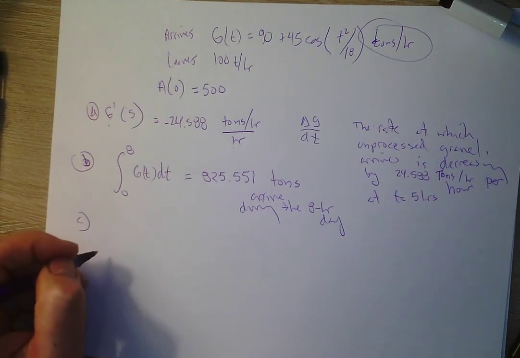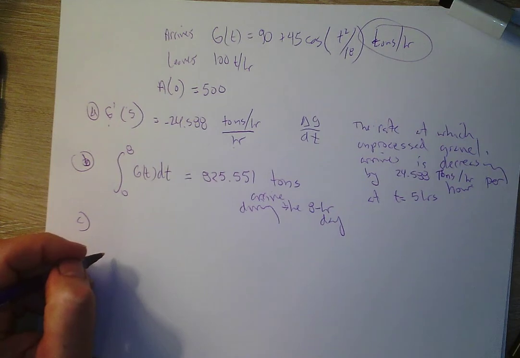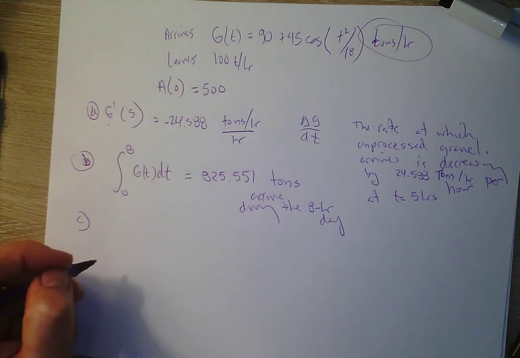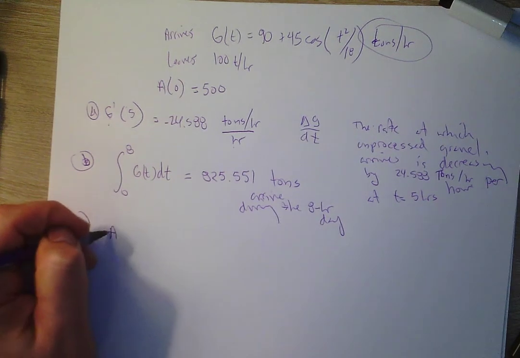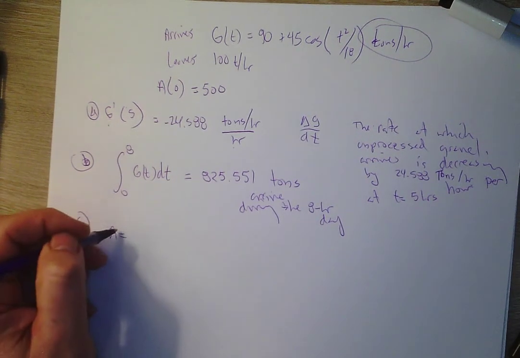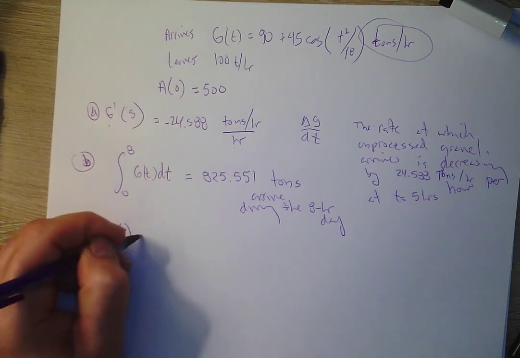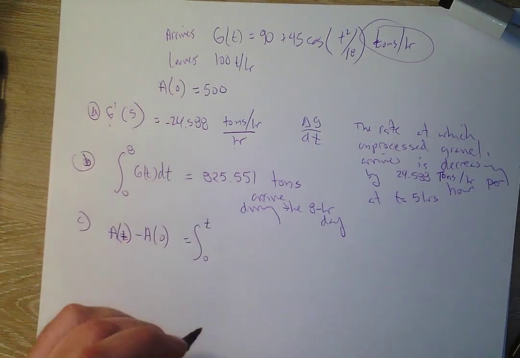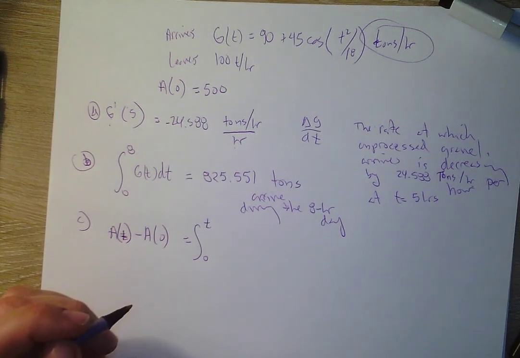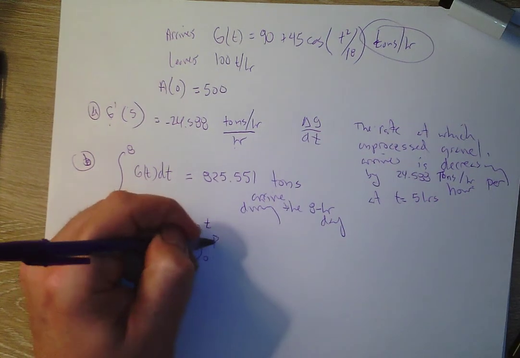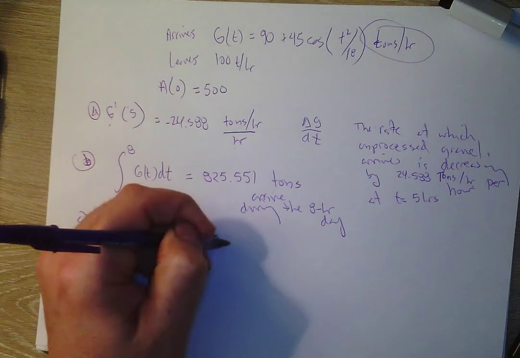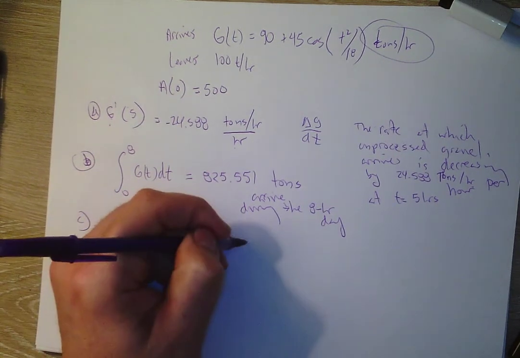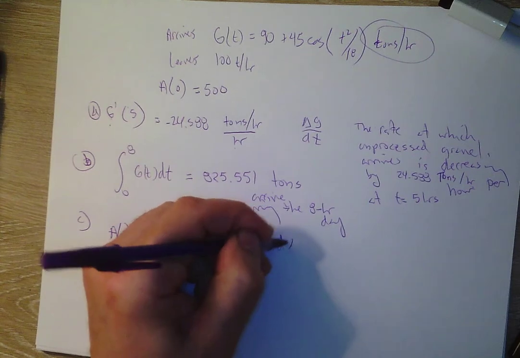Okay, C. Is the amount of unprocessed gravel increasing or decreasing at time 5? Okay, so amount function. Let's think about an amount function. The amount at time t minus the amount at time 0 equals the integral from 0 to t of, and I think you'll like this, the rate at which it arrives, which is called g, minus the rate at which it leaves, which is that 100 dx.